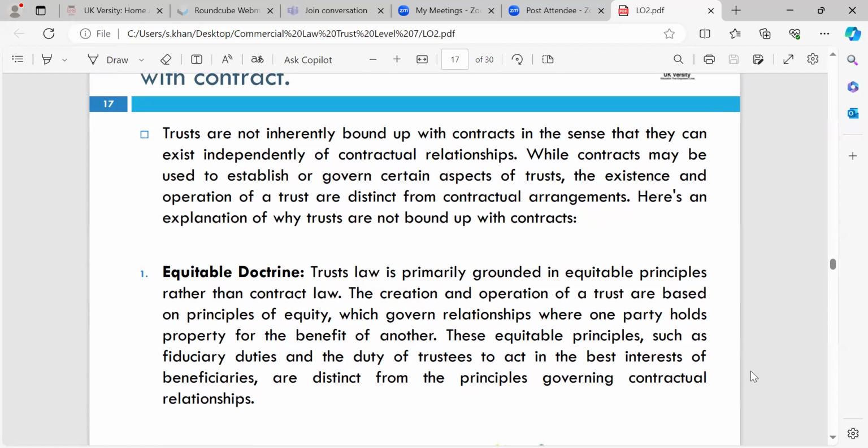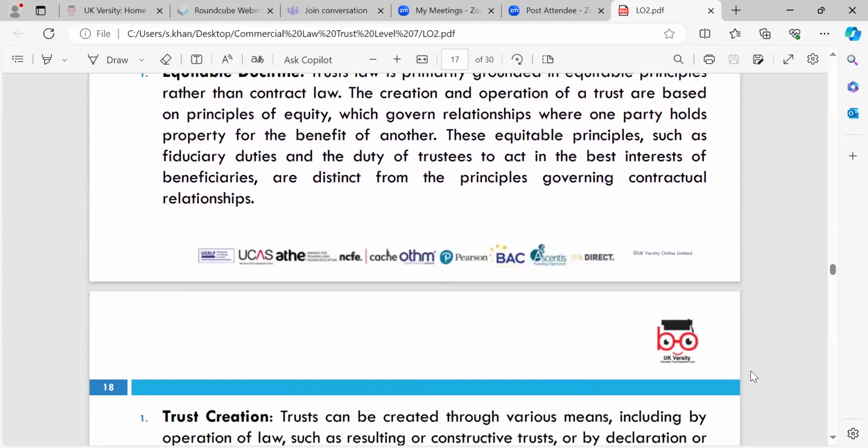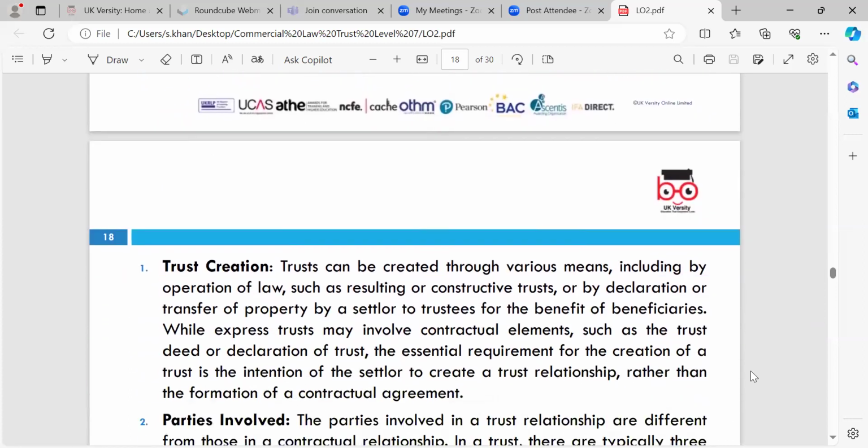The creation and operation of a trust are based on principles of equity, which govern relationships where one party holds property for the benefit of another. These equitable interests, such as fiduciary duties and the duty of trustees to act in the best interests of the beneficiaries, differ from the principles governing contractual relationships.